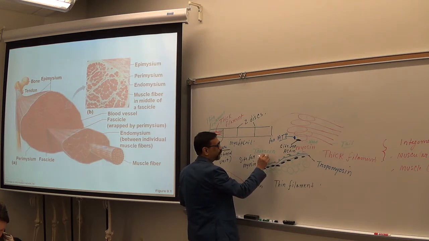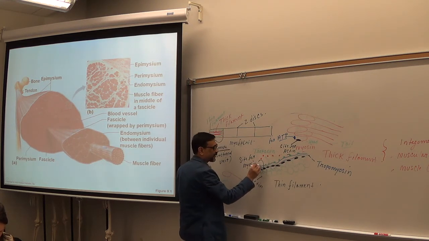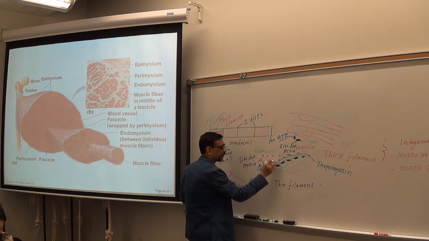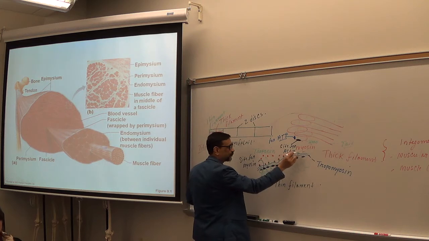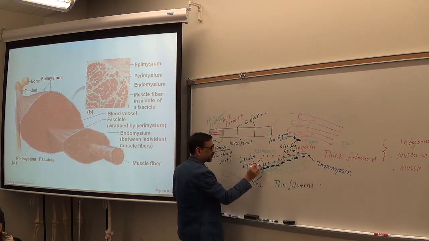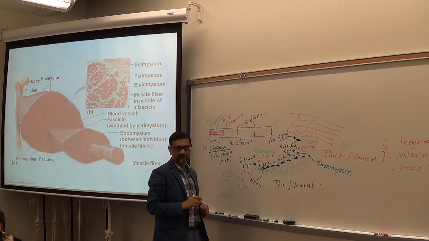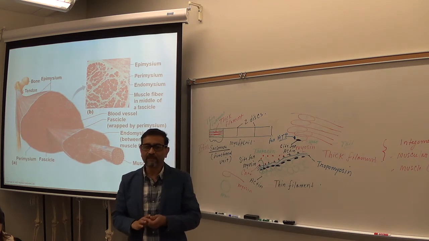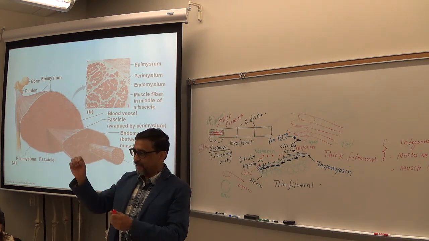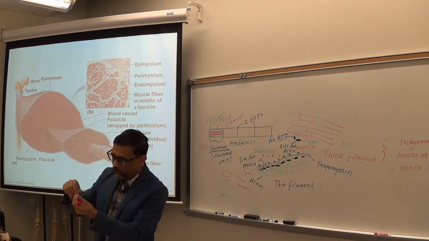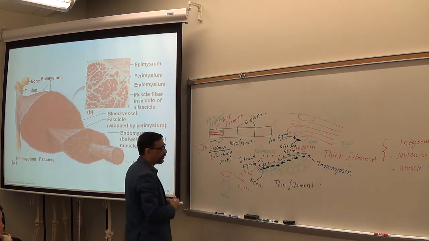So calcium is released here, and the calcium molecules get attached to the troponins like this. So that is the calcium ion. Okay? Is it clear? So when the calcium ions get attached to the troponins, what happens?